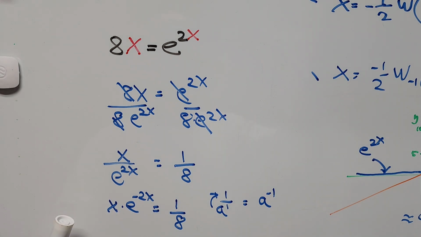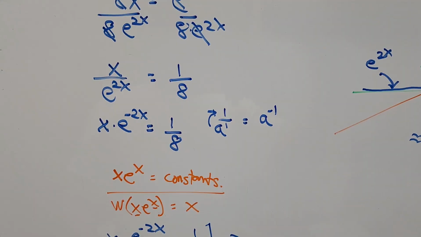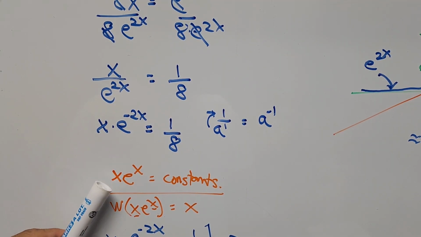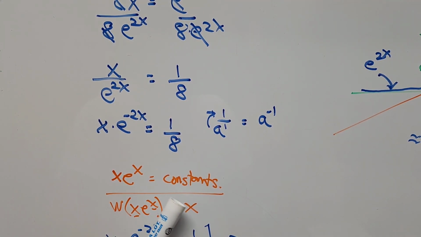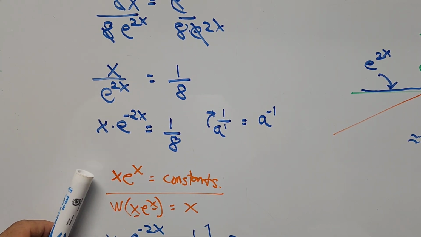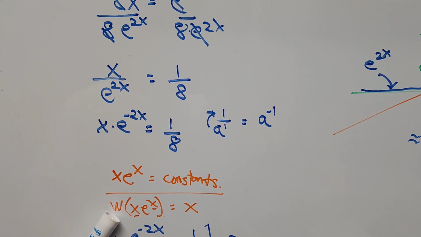So we'll have the format of this kind: x times e to the power of x is equal to constant. So variable on the left, constant on the right, and then we can apply the Lambert W function to the equation. So we'll end up getting back the value of x.